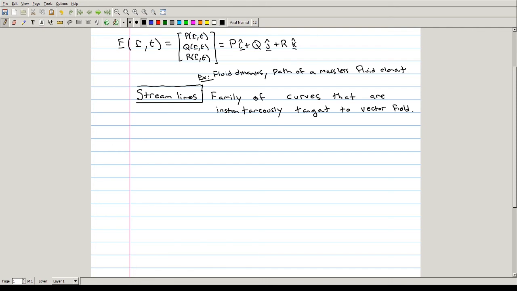This is if the field is constant with respect to time. If it's changing with respect to time, then so are these streamlines. And this is the first real thing that we want to think of when we think of exactly how we would visualize a vector field and the behavior of a vector field in 2D or in 3D.